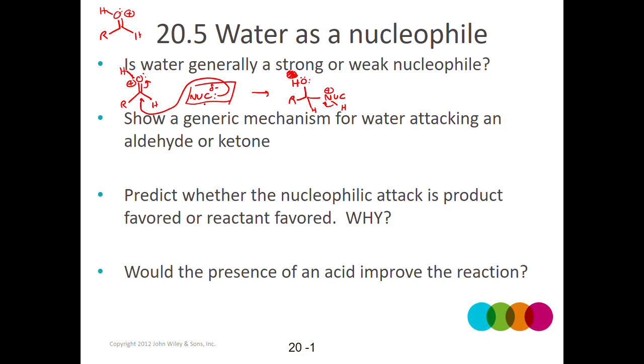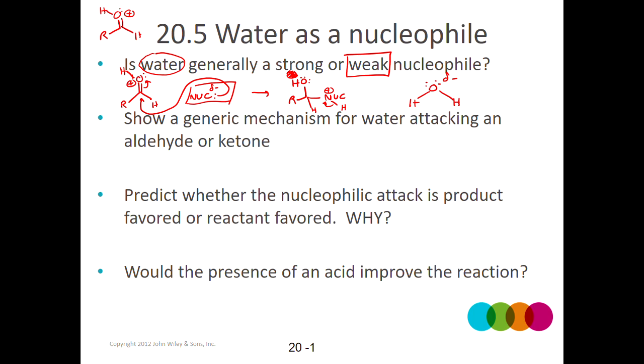So that brief review leads us to the new content we're going to cover today, starting with a situation where water is our nucleophile. And we know water is generally a pretty weak nucleophile, right? The water molecule does not have anything more than a partial negative here to attack, and when it attacks, it'll form a formal positive on the oxygen.